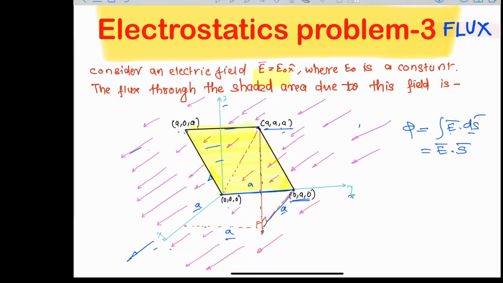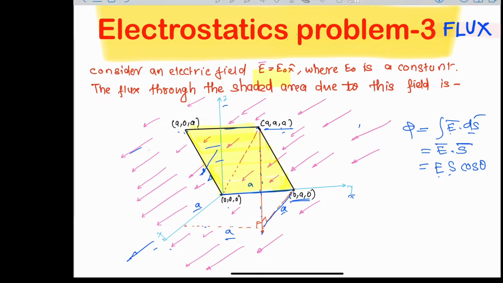Why is the area represented as a vector, why is there a bar? The direction of the area vector is perpendicular to the surface. So if I simplify, it will be E S cos theta, where theta is the angle between the electric field vector and the area vector.